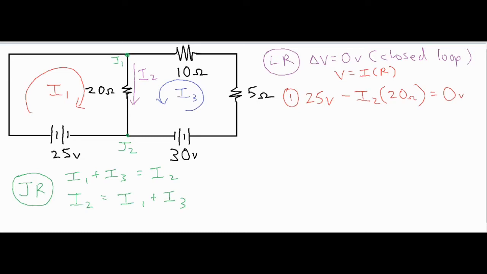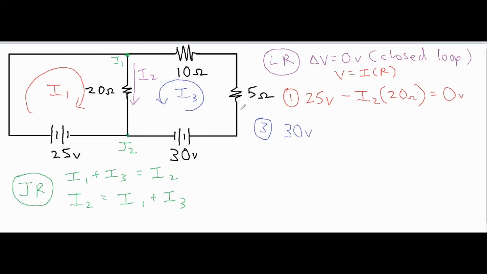And then for our second loop, I'll just call this loop number 3 because I called it I3 earlier. So for loop number 3, we're going to start right here by the power source again, and then we are going to work our way around counterclockwise for this one. So I'm going to pass through my set of batteries or my power source there, and it's going to step me up 30 volts.